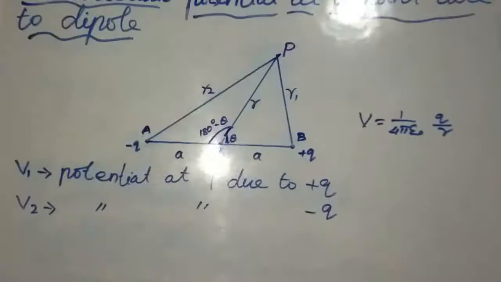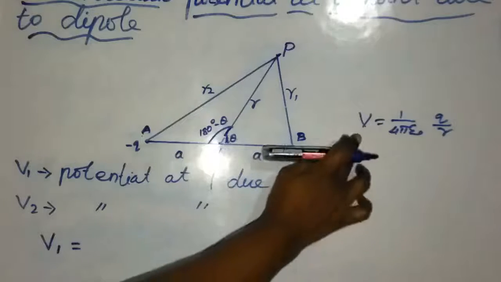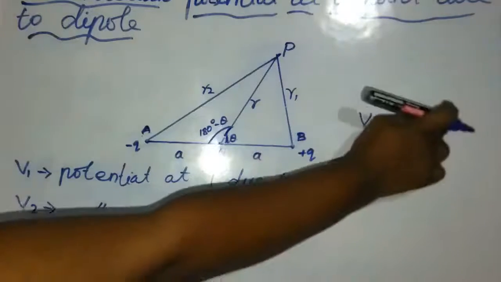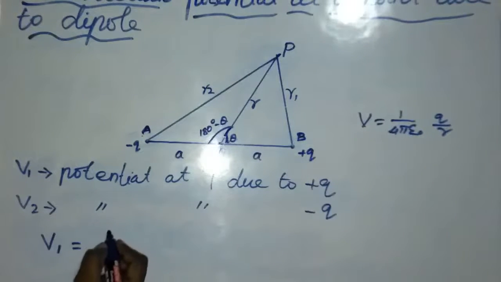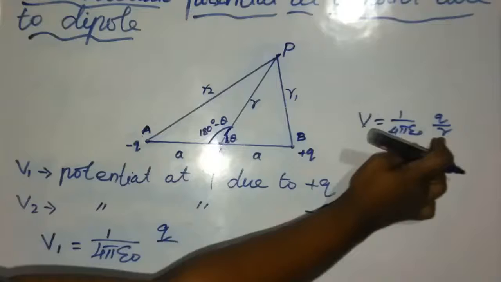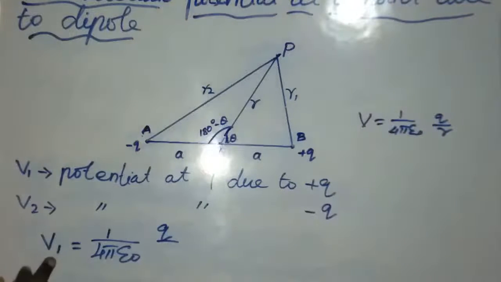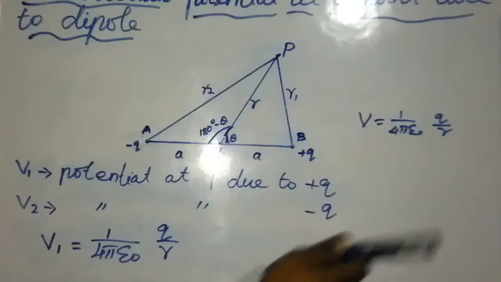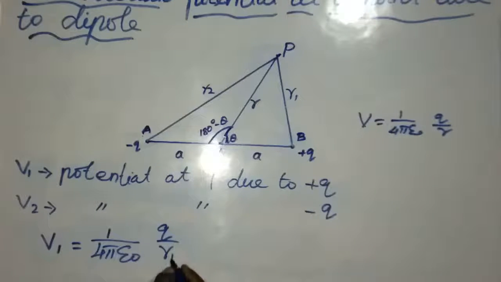So the formula for V1 we write from V. V equals 1 by 4 pi epsilon 0 Q by R. For V1 we replace this R by R1.